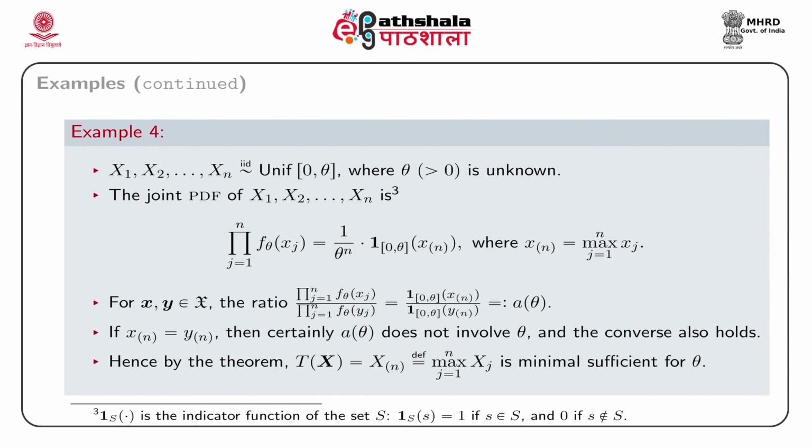Clearly, a(θ) will depend upon the value of θ whenever x_(n) does not equal y_(n). We assert that the term a(θ) becomes free from θ if and only if x_(n) equals y_(n). Hence, by the theorem, we claim that T equals x_(n), which is the largest order statistic, is minimal sufficient for θ.